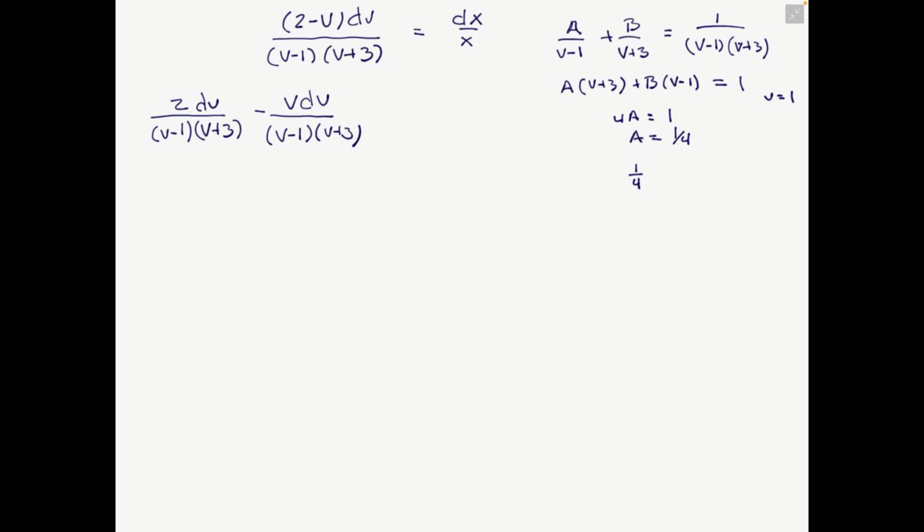So 1/4 of v plus 3 plus b times v minus 1 equals 1.